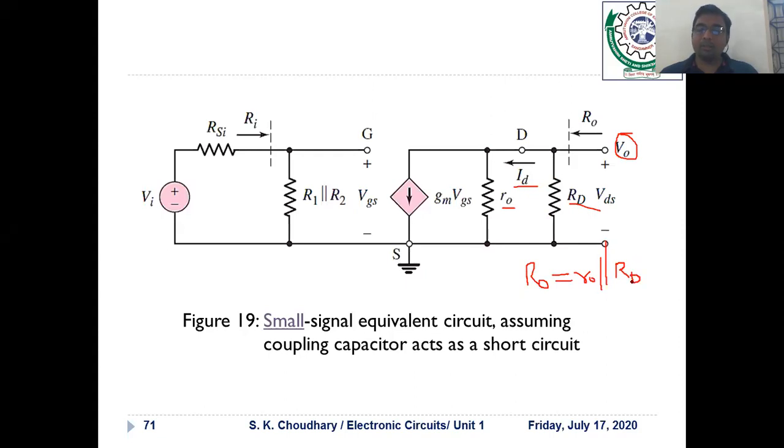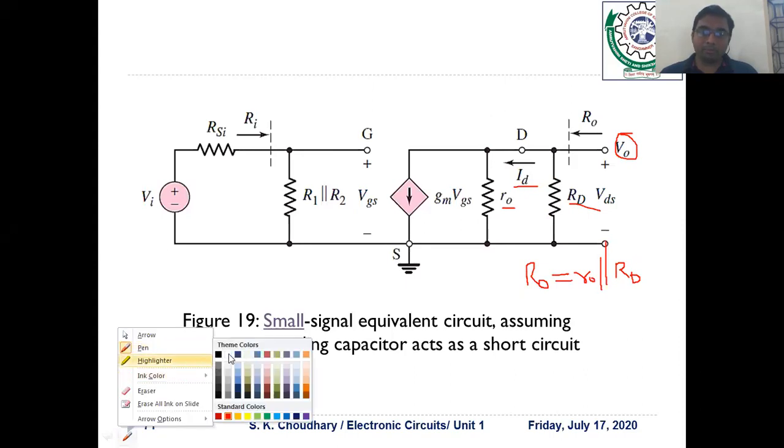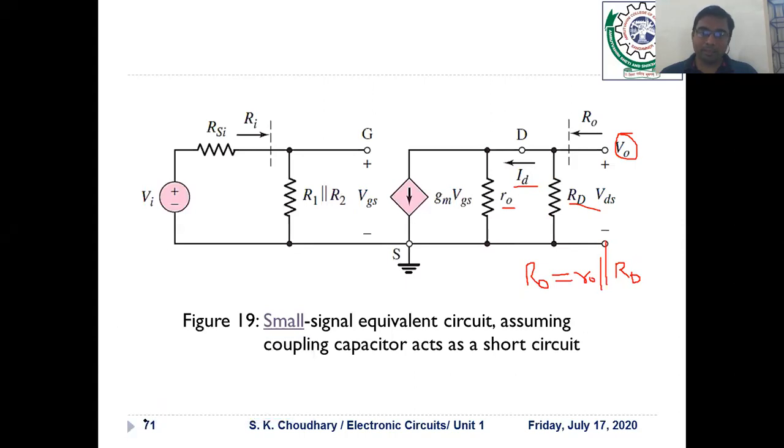When we replace these particular resistances by one resistance, called R0 here, for the sake of simplicity, just forget this. RD is here, and consider this resistor as r0 parallel RD as one resistor.